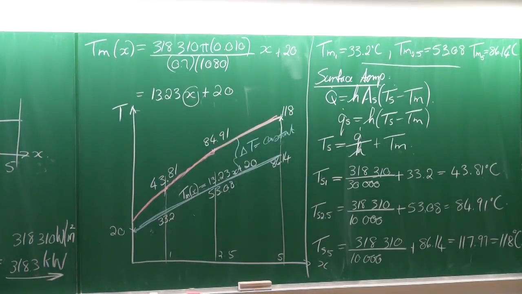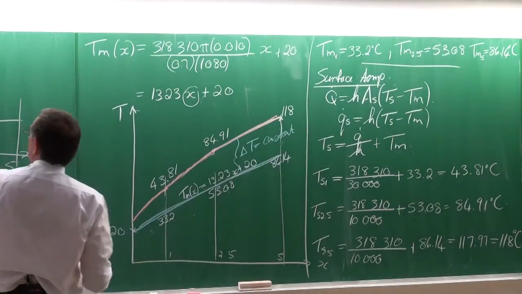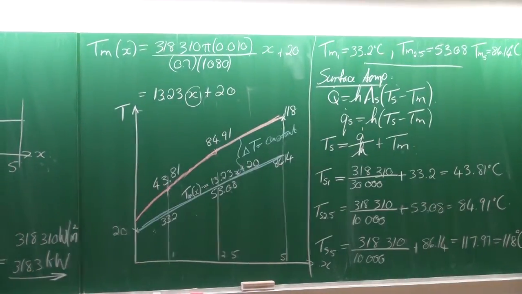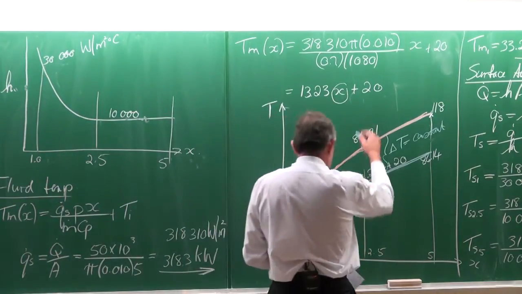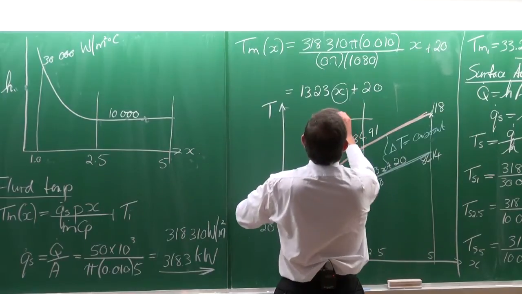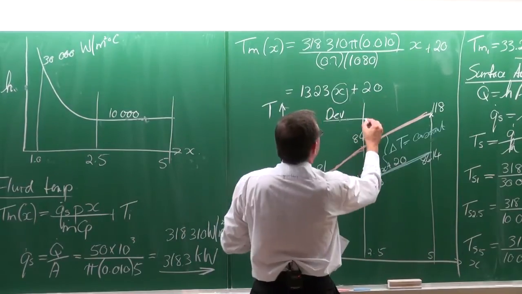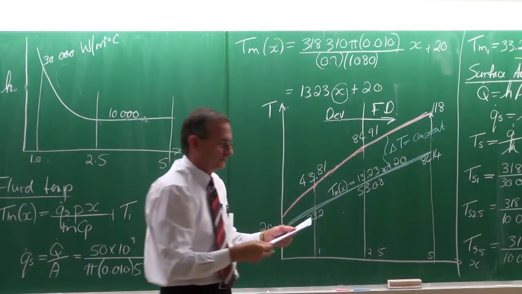Why? Because the heat transfer coefficient is higher. The heat transfer coefficient is higher when the flow is developing. Okay. So this part of the graph is for developing flow, and that part is for fully developed flow.